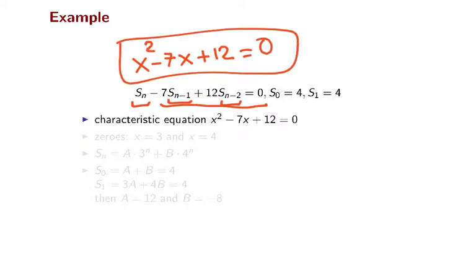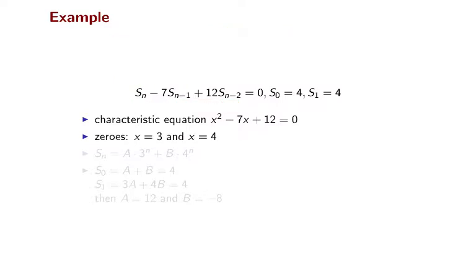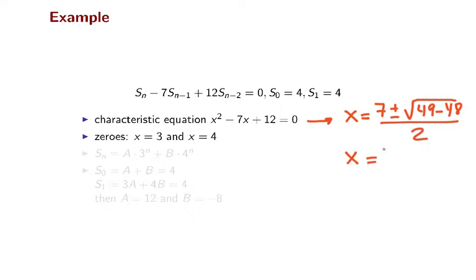So that's the first step of the algorithm, find the characteristic equation. The next step will be find the zeros of this equation. In this case, this is just a polynomial of degree 2. We can calculate by quadratic formula right away the two roots of this polynomial. So then this is going to be 7 plus minus the root of 1, which is 1, over 2.